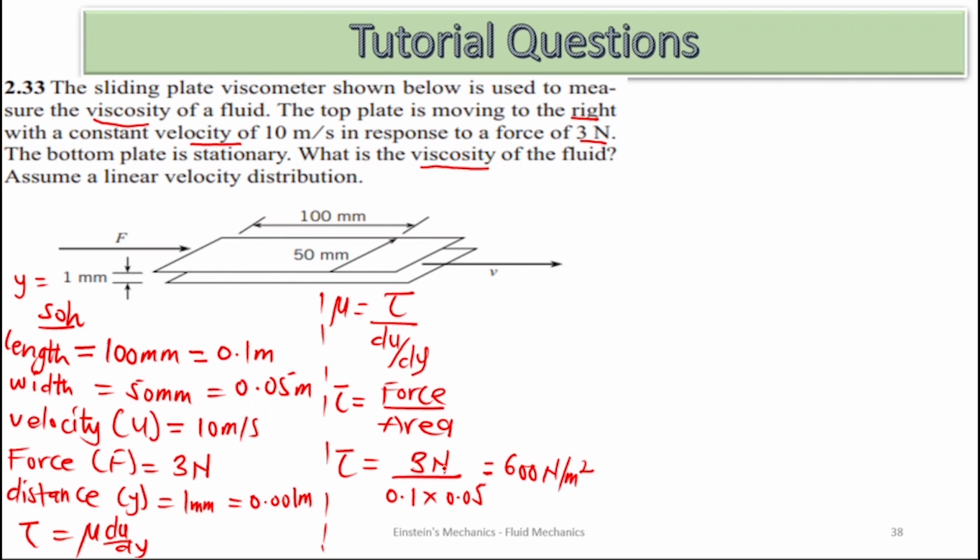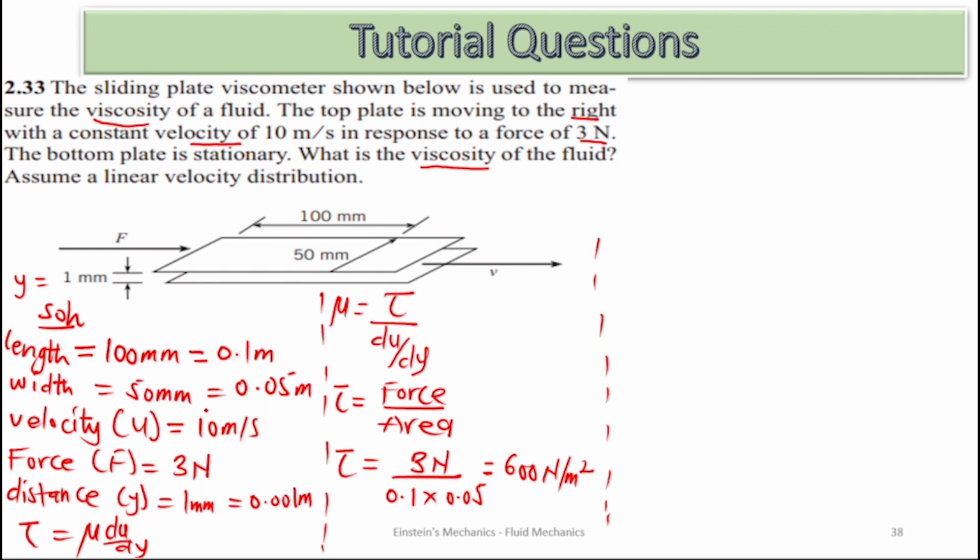Are we good? Since I have the shear now, I can move forward to calculate the viscosity. I know the formula. Now I have my shear. Do I know the du dy? Du means change in u, and dy means change in the distance. But looking at this question and the parameters given, are we having any change in u?